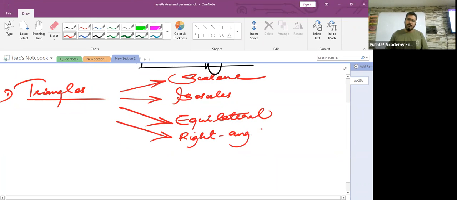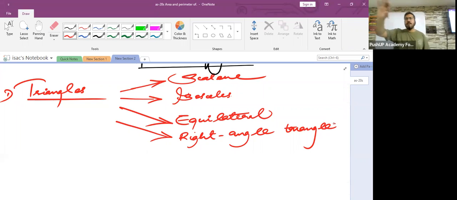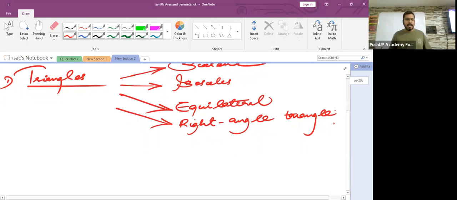So in fact, there are 4 different triangles that you're going to deal with: scalene, isosceles, equilateral, and right angle triangle. For all the 4 triangles, I'll be teaching you 4 separate formulas to find its area as well as perimeter. Okay?